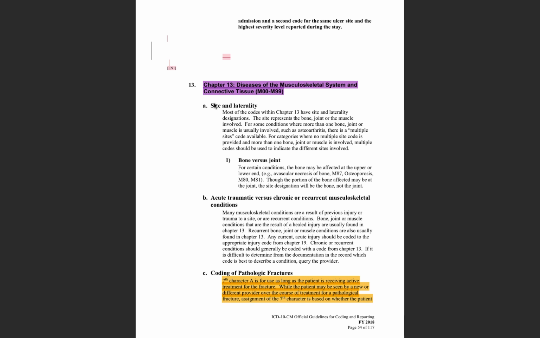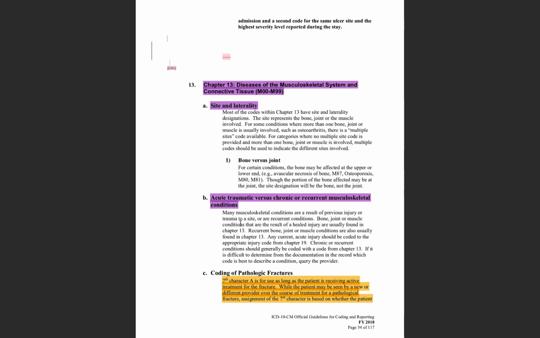The main thing, you have your site and laterality. So that's where it is on the body and what side of the body. Then you have acute traumatic versus chronic or recurrent musculoskeletal conditions. Many musculoskeletal conditions are a result of a previous injury or trauma to a site or are recurrent conditions.